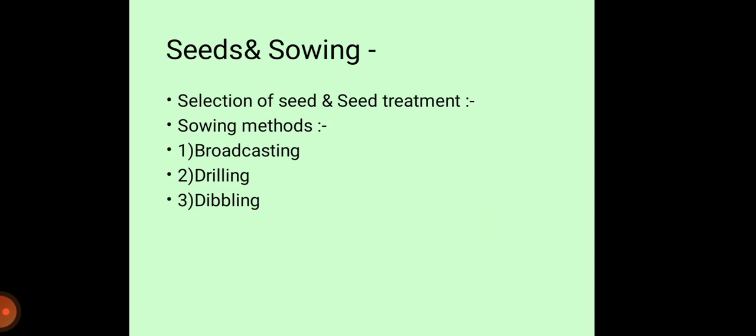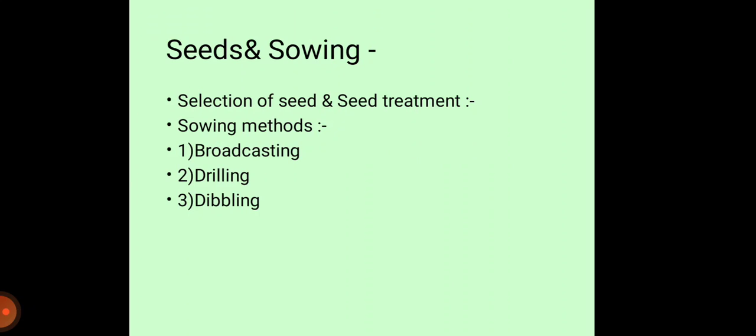Sulfur treatment: 300 mesh fine sulfur powder at the rate of 4 to 5 grams per kg of seed to control smut diseases. Carbofuran treatment is useful for shoot fly, and 30% brine solution seed treatment is useful to control ergot disease.